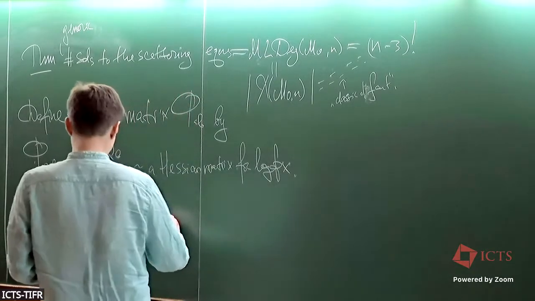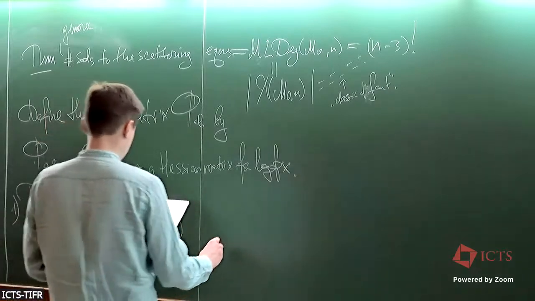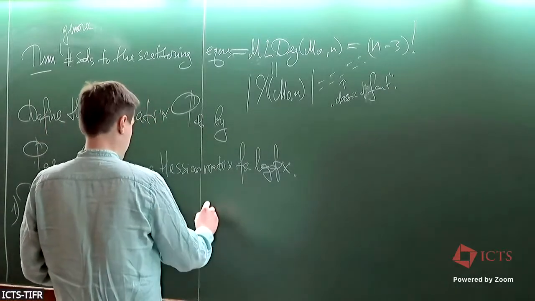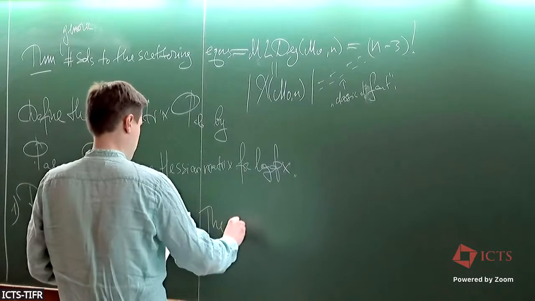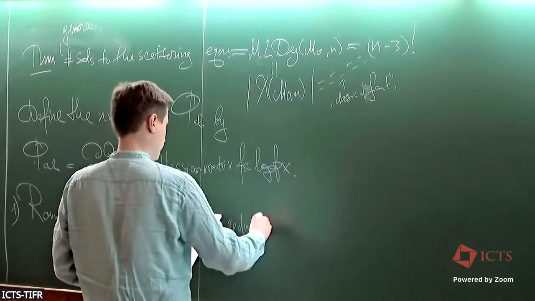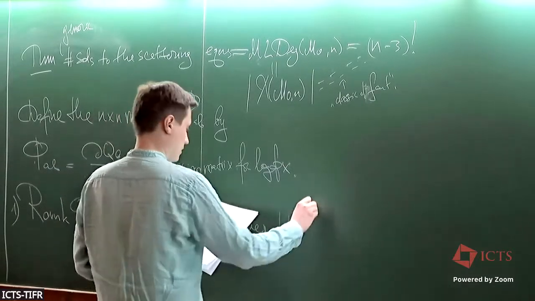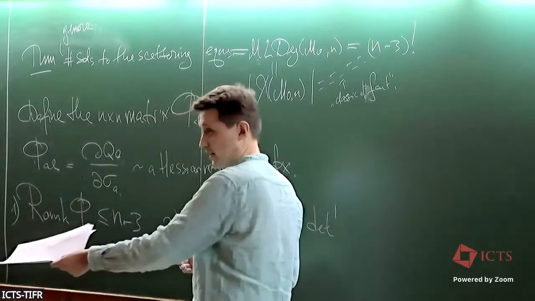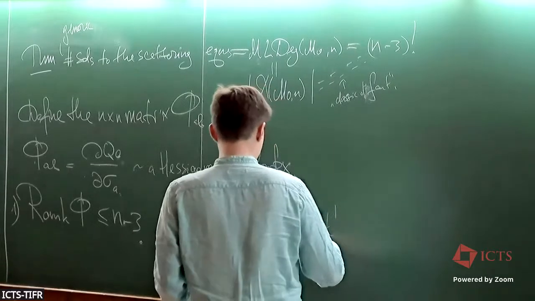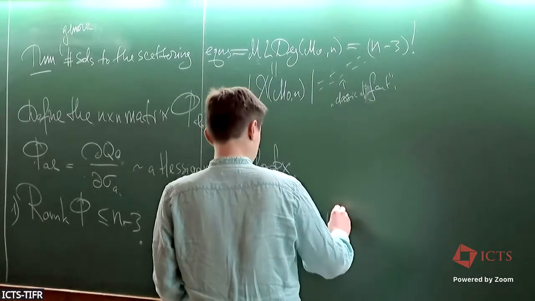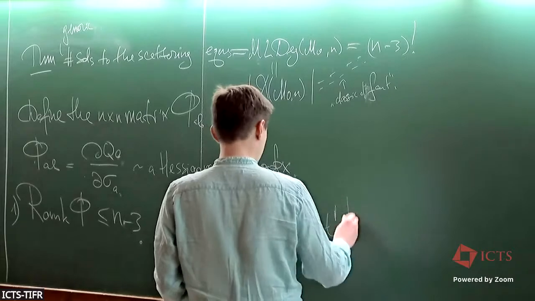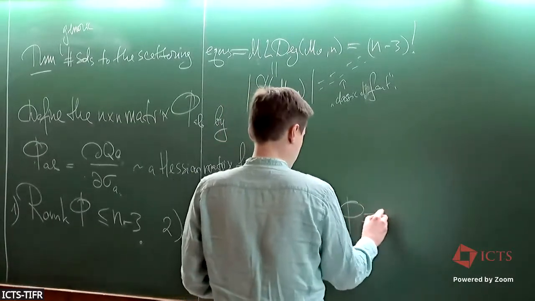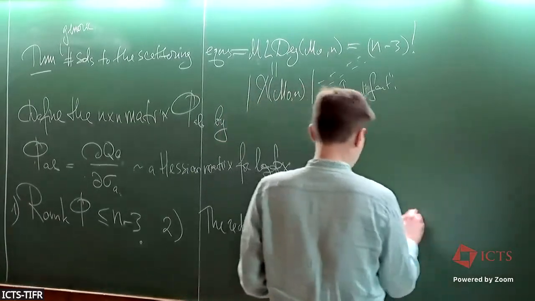And the second fact I will write right here. The reduced determinant of this matrix. The determinant of this matrix is of course 0 because it's not full rank. But the reduced determinant, denoted by det' of phi, is defined to be the following function.